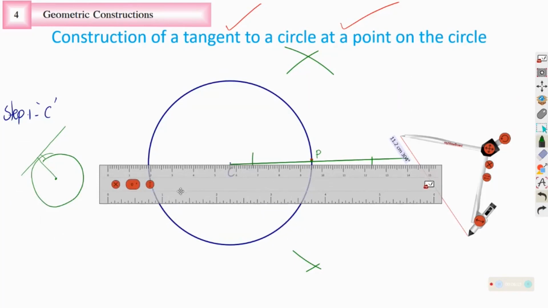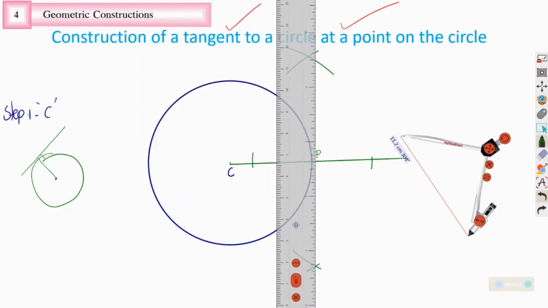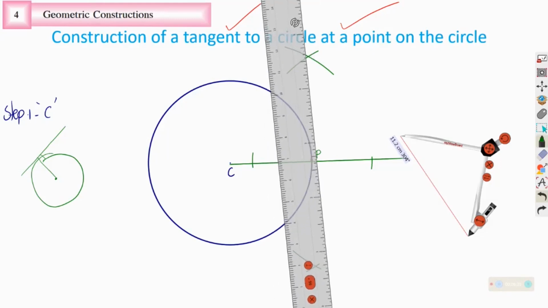Draw a line connecting these two arc intersections. That will be the perpendicular passing through that point.